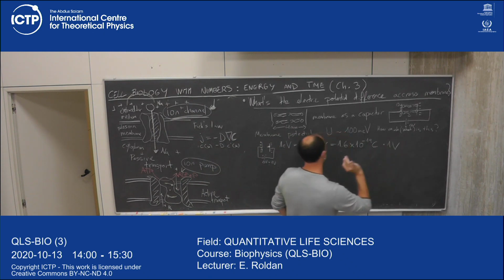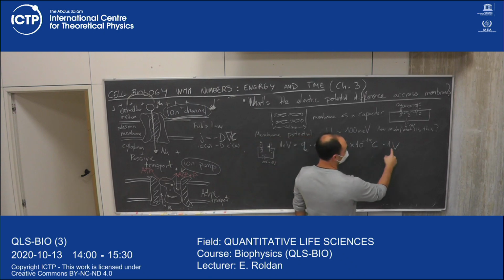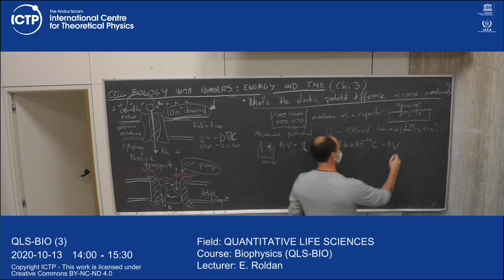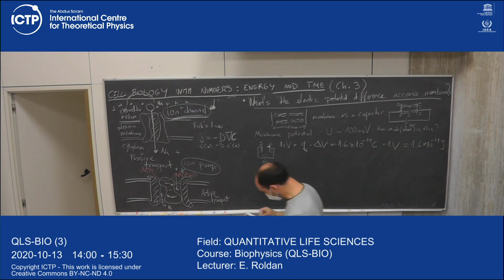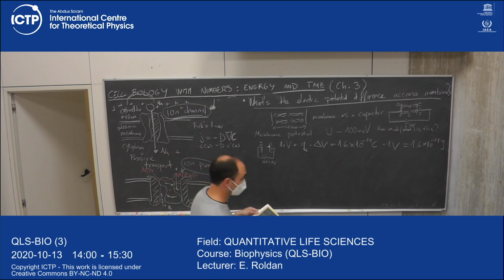This is the definition of the electron volt. Coulomb times volt is joule, exactly. So 1 electron volt is 1.6 times 10 to the minus 19 joules.